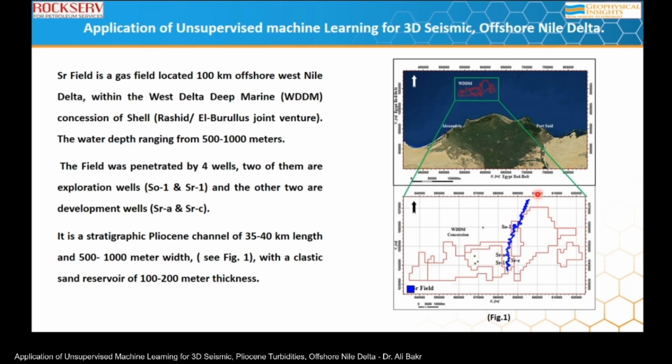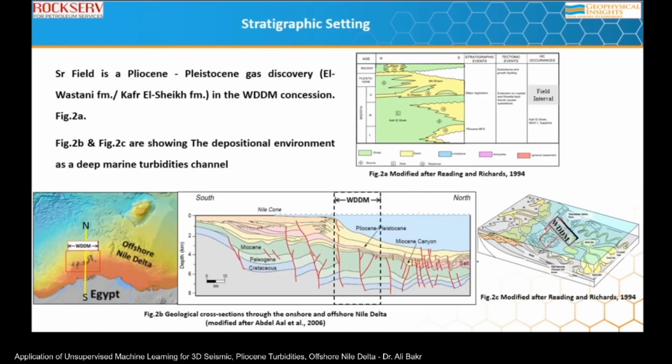This turbidite has been mapped in the conventional way, using attribute decomposition. But let me first give you an idea about the stratigraphic section belonging to this turbidite, and also some idea about the reservoir. Again, this is the shoreline, and this is Egypt, and this line is a north-south line.